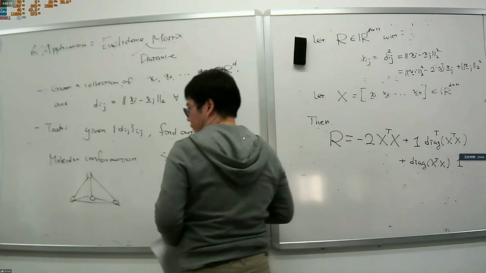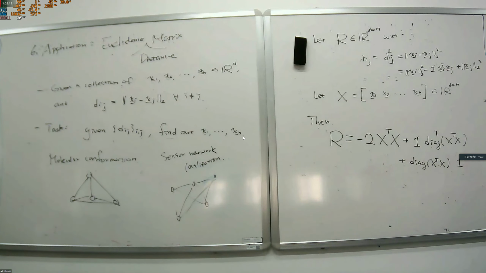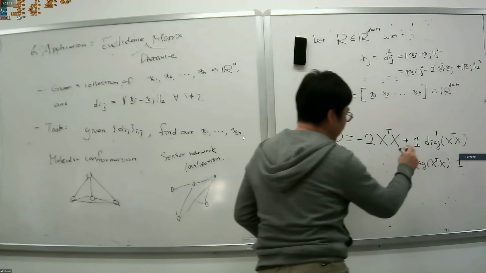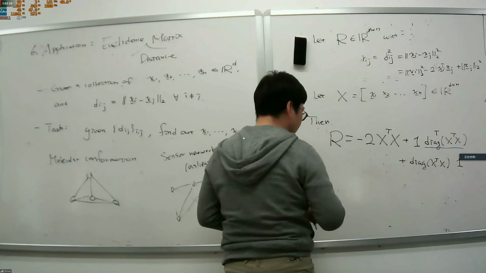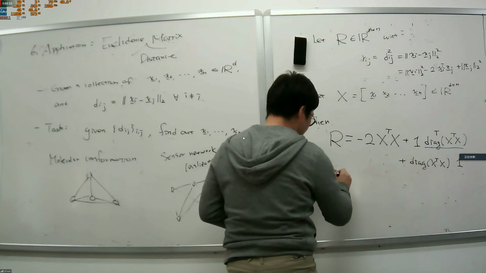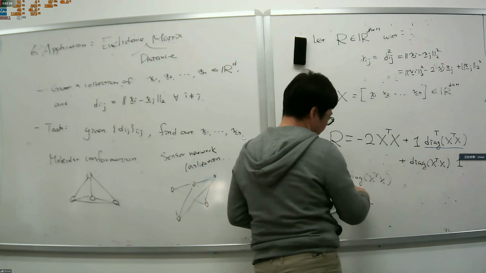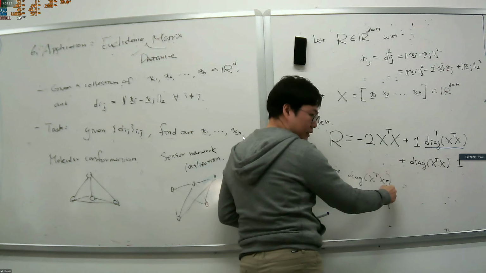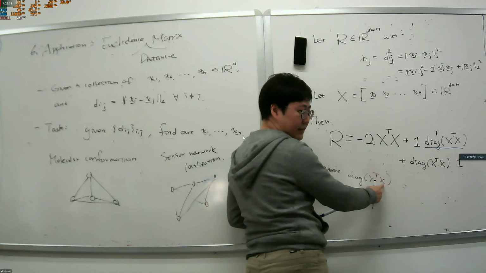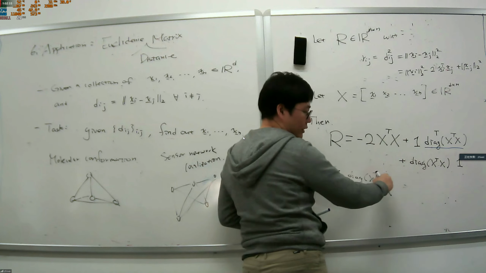So what does this notation mean? diag(X transpose X) is taking the diagonal of X transpose X into a column vector.